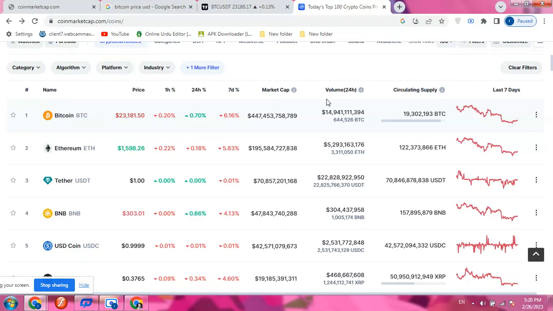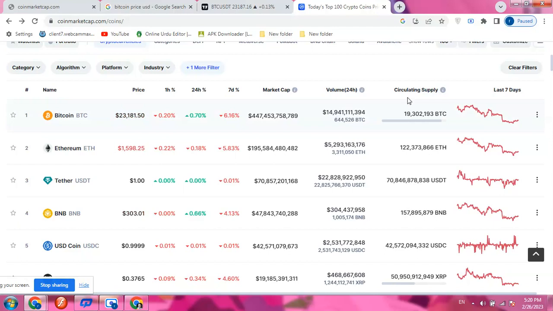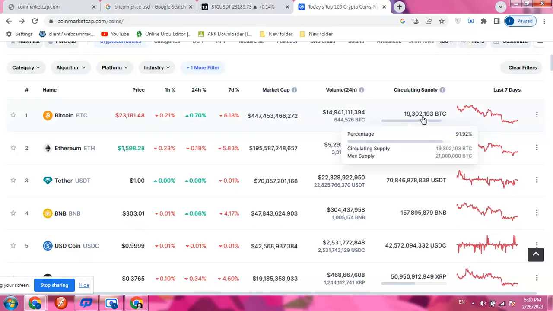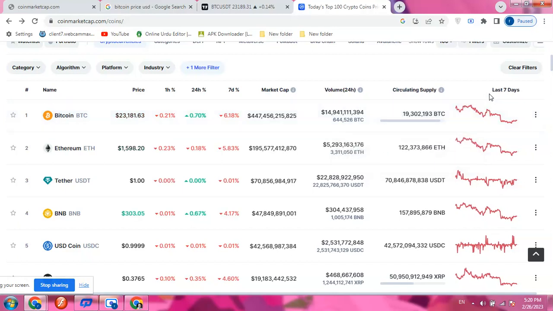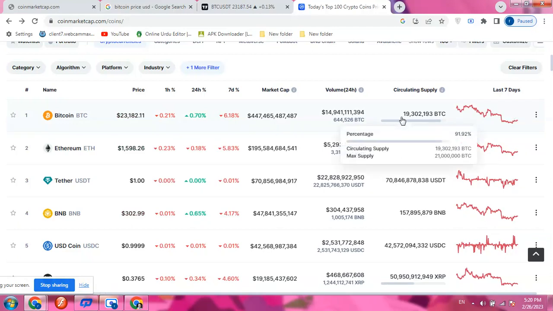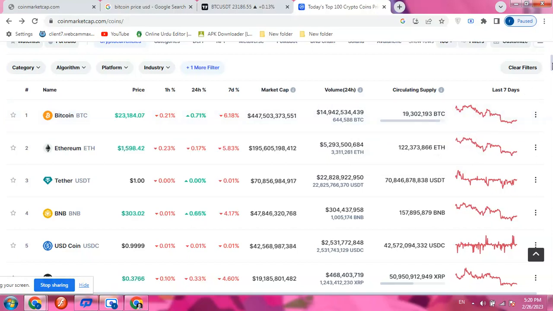This is market cap and volume in 24 hours. Circulating supply is 19, volume is 14 and market cap is 44. The biggest market cap, volume 24 hours and circulating supply. The market is in circle 19, the end of 19. Last 7 days the market is down.